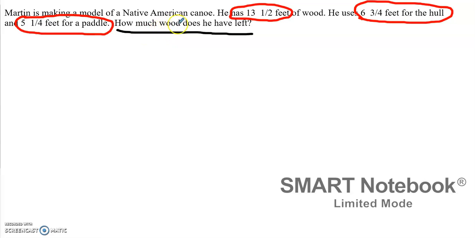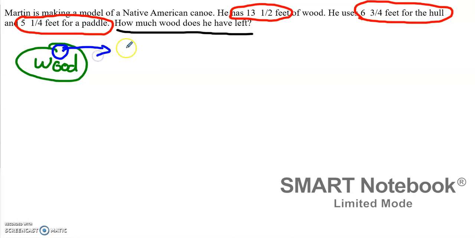So now that I have this information, I can associate that I have 13 1/2 feet. So, drawing a diagram, here's my pile of wood. I take out a piece for the hull, and then I also take out a piece for the paddle, right?